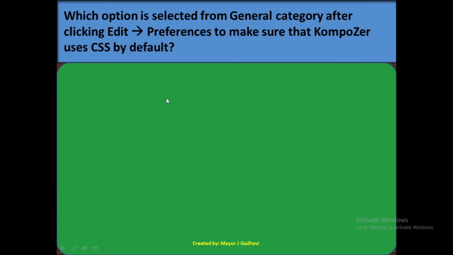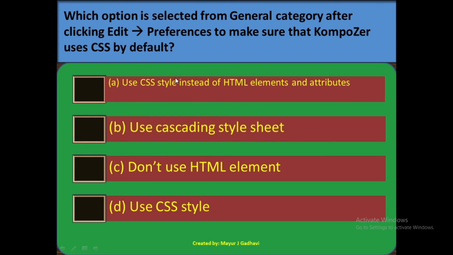Which option is selected from the general category after clicking edit preferences to make sure that Composer uses CSS by default? The options are use CSS style instead of HTML elements and attributes, use cascading style sheet, don't use HTML element, or use CSS style.